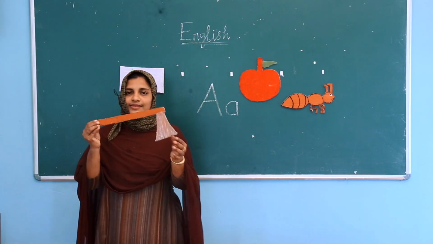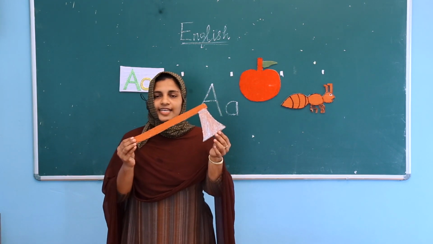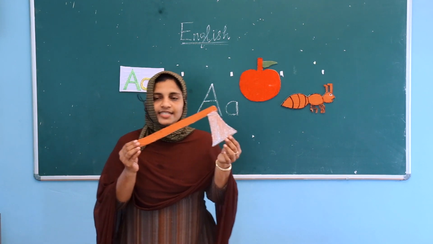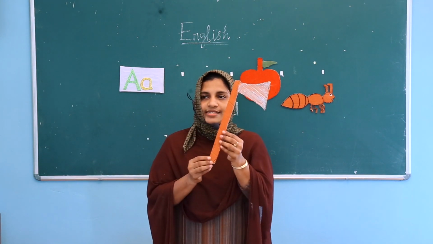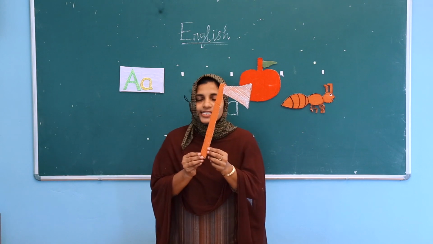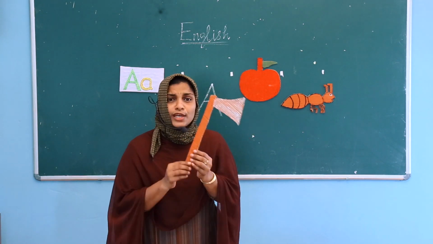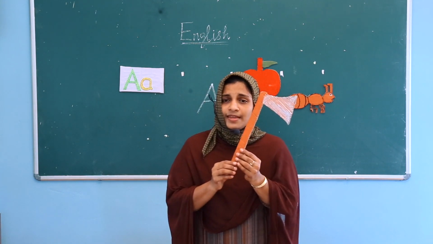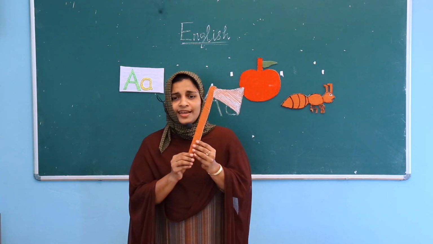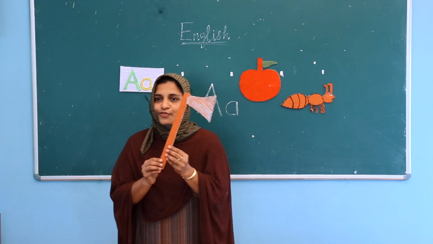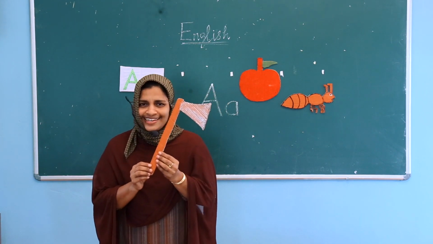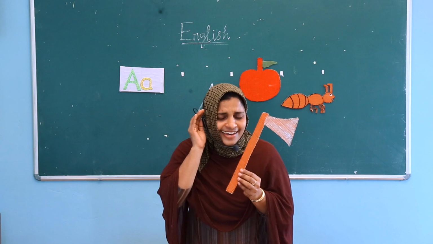The next one. What is this? This is an axe. What is the use of this axe? Can anybody say what is the use of this axe? I didn't hear. Say aloud.